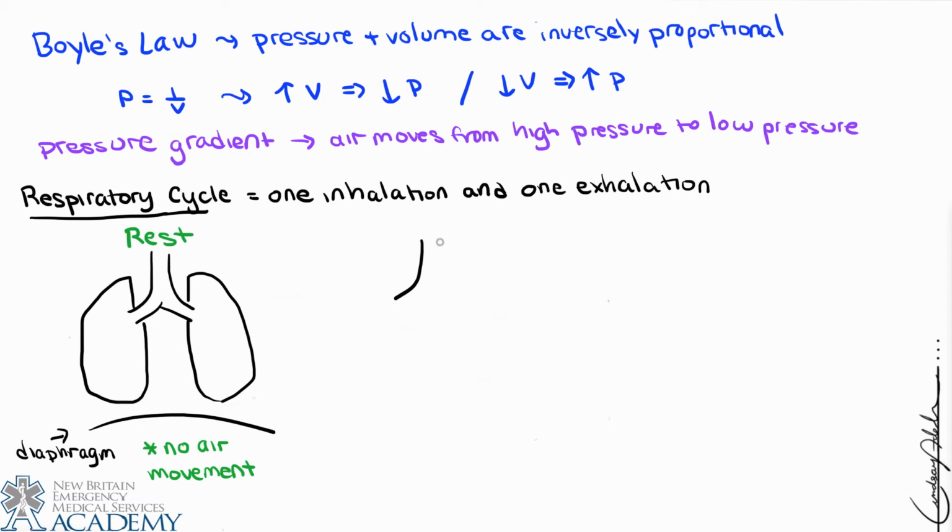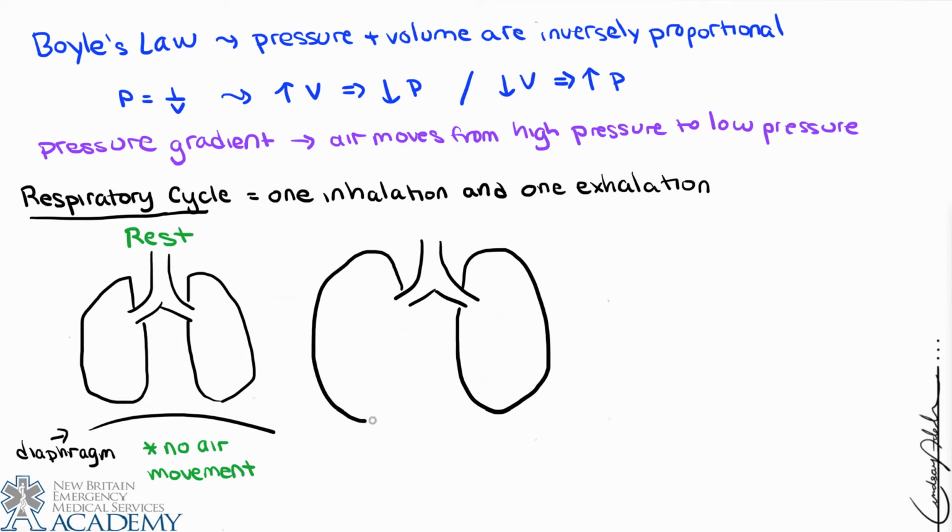Now, when we consider inhalation, we have to recall that the visceral and the parietal linings that surround the lung are going to play a significant role in allowing lung expansion or lung recoil. So the visceral lining is what surrounds the lung directly, and the parietal lining is what lines the cavity, and so the pleural cavity. And the two membranes are separated by a small amount of fluid.